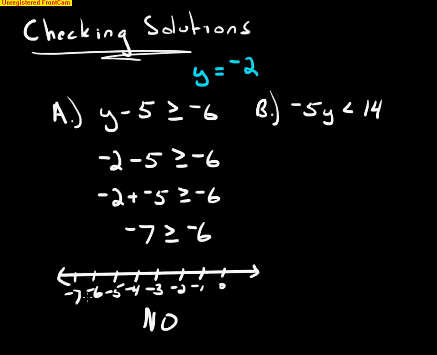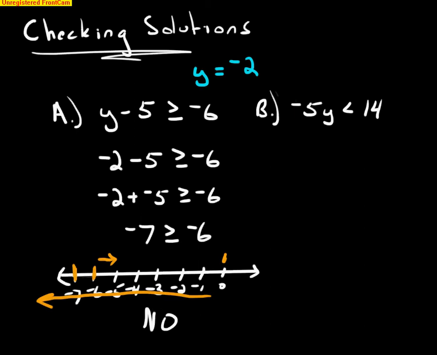Okay, and what that's saying is you have your negative 7 right here, and it's saying that that is greater than the negative 6, which isn't true, because 6 is actually closer to 0 up here. So remember, as you move this way on the number line, the numbers get less. So that one doesn't work. So the answer, of course, is no.